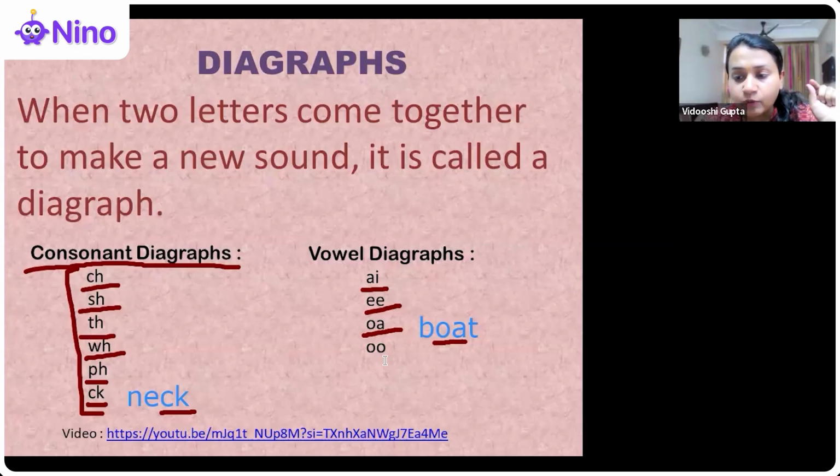We don't say moon short, we say moon. So that is long oo. There is a stretch. When it is short oo, like in book, here in the word book, we are not stretching it. Book. Yes? So that is how we can have vowel digraphs.